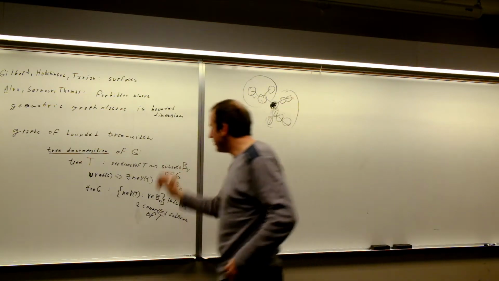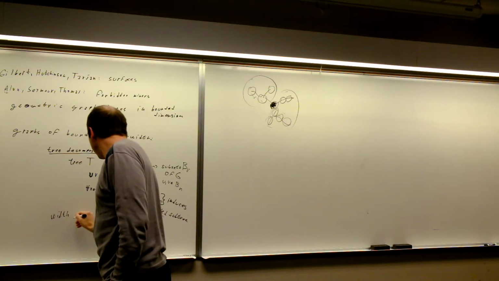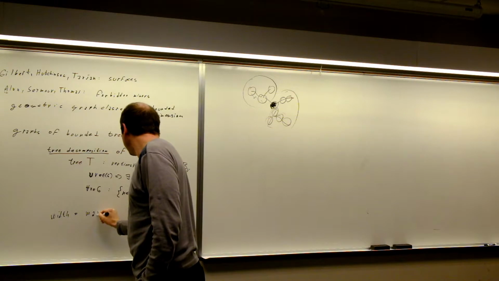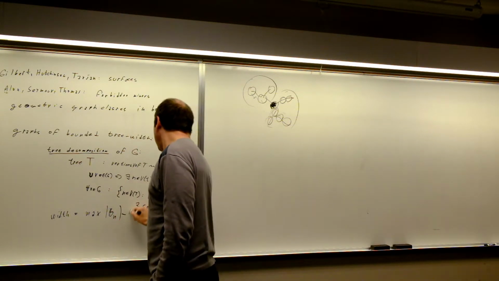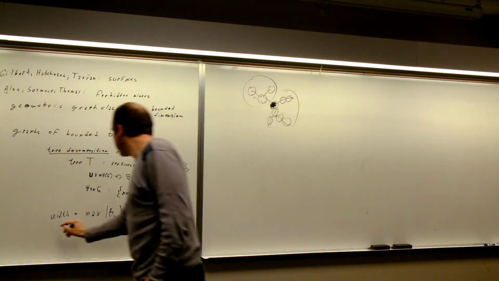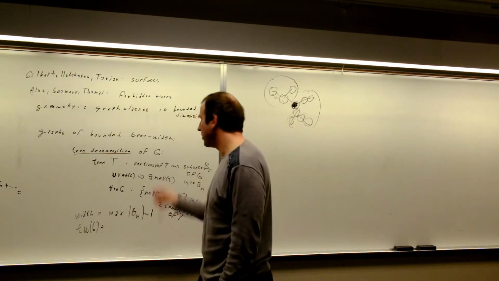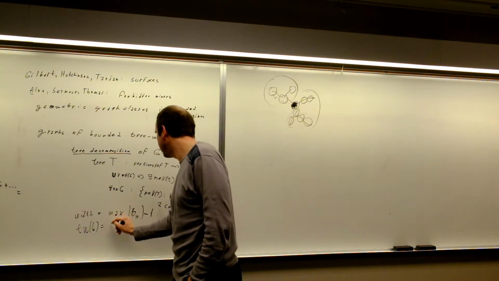And now, given the tree decomposition, the width of the decomposition is the maximum of the sizes of the bags minus 1 for historical reasons, and the treewidth is the minimum width over all possible decompositions.